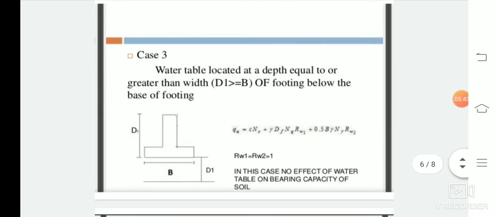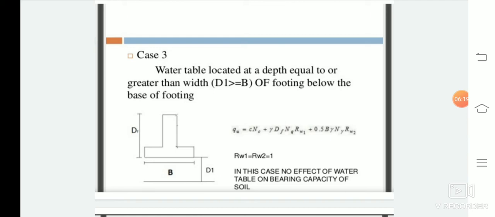For the third case, when the water table is located at a depth equal to or greater than the width of the foundation from the base of the footing, then both reduction factor 1 and reduction factor 2 will be 1, that is unity. So the equation of the bearing capacity becomes Qu equals cNc plus gamma Df Nq Rw1 plus 0.5 gamma B N gamma Rw2.